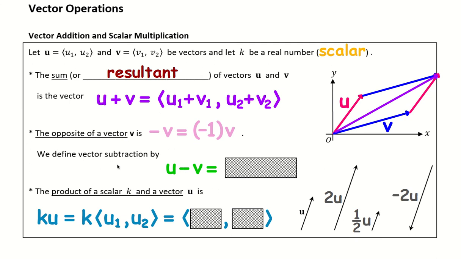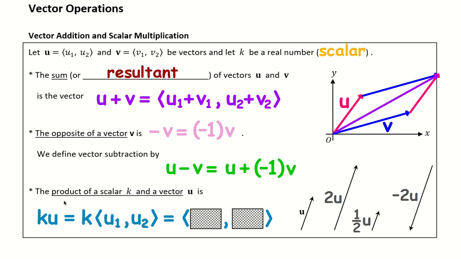And so this is how we define vector subtraction. We're kind of making a mountain out of a molehill here, but adding vectors, you'd think you could just, and yeah, you can, but we're making this a little more complicated than it needs to be. Technically, subtracting vectors is adding the opposite of vector v.